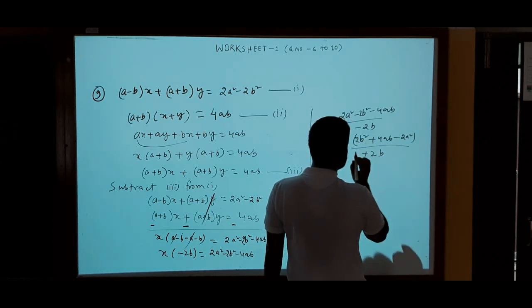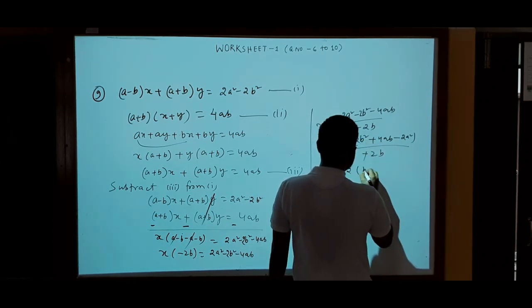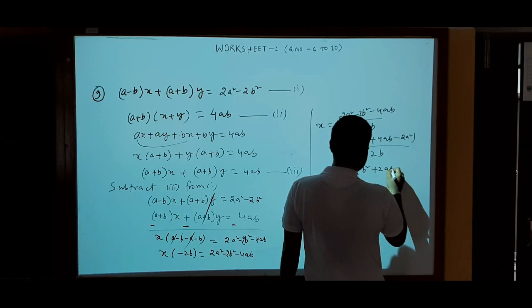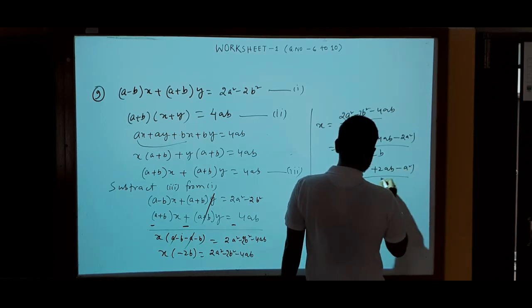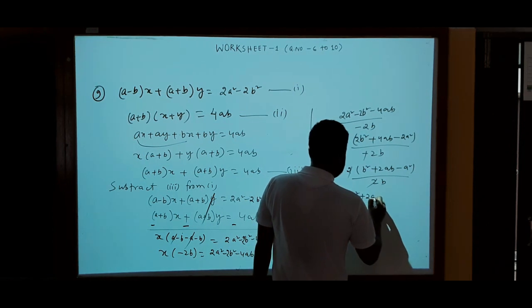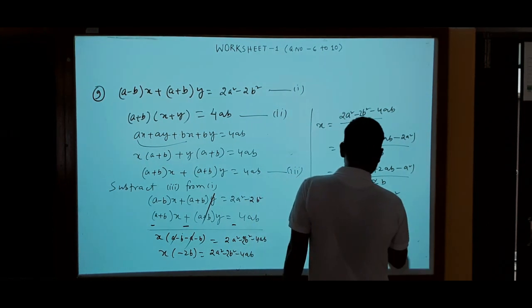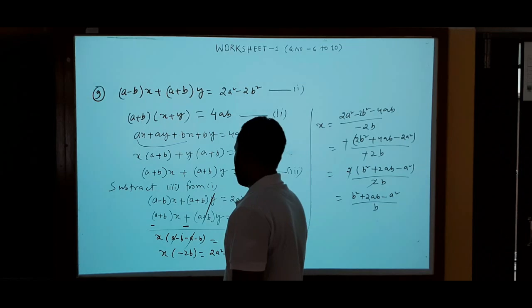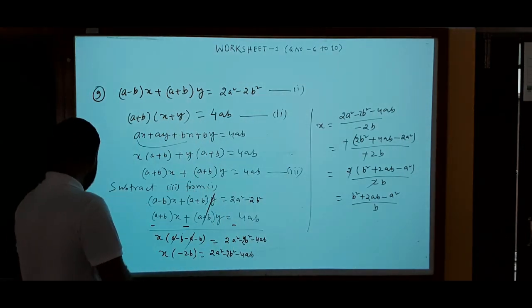Then again 2 I'll take common, so b square plus 2ab minus a square upon 2b. 2b will get cancelled, so b square plus 2ab minus a square upon b. This is the value of x.